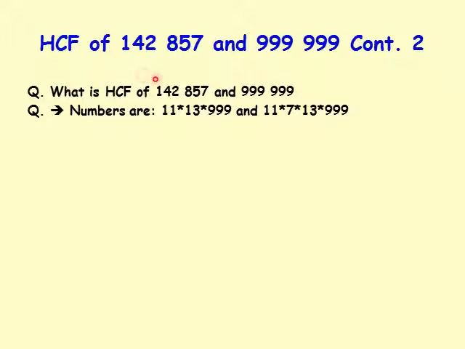So what's the HCF of 142857? That's what we're talking about. So far we discussed that the numbers are 11 times 13 times 999 and 11 times 7 times 13 times 999. Can you determine the HCF now?